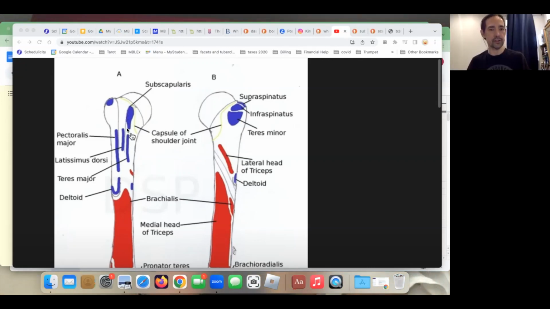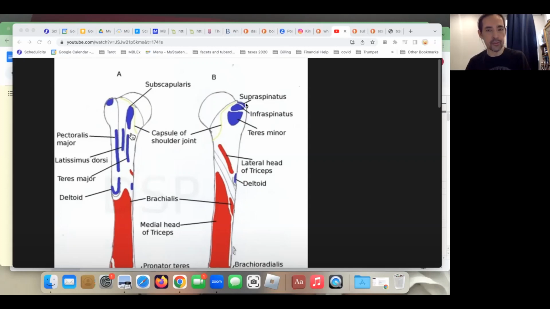So this is the front. Here's the subscapularis. This is the lesser tubercle. Here's the back. This is the greater tubercle. And here's more posterior, right? So this is from the side and the front. This is from the side, a little bit more back.